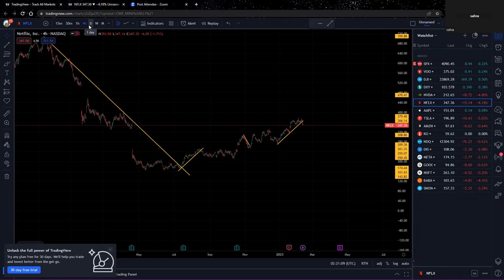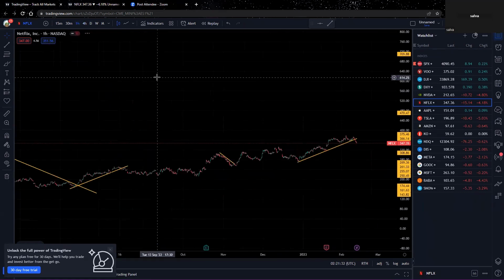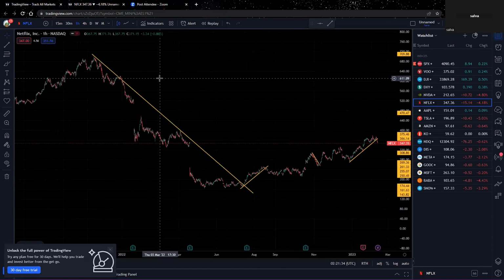So if the market is open 7 hours during the day, that means if I go from the daily to the 4 hour, now the chart is gonna split into two candles. Does that make sense? Okay. So on the daily is one candle for each day. Go to 4 hour, two candles represent one day, right? Now that I go to the 1 hour, it'd be like seven or eight candles represent one day.